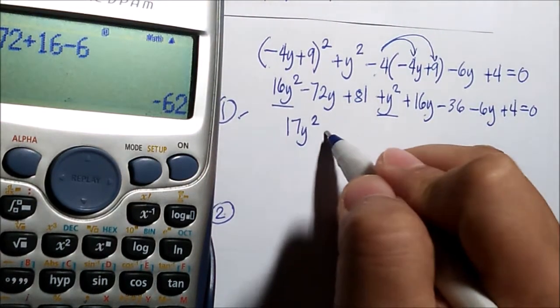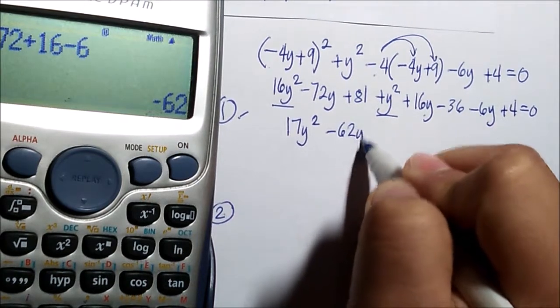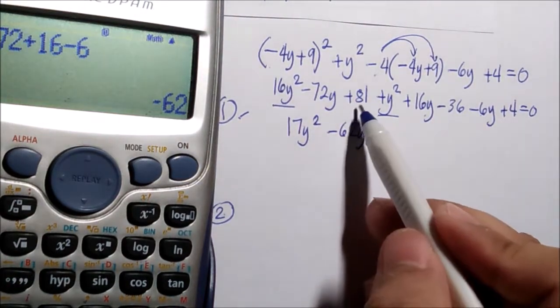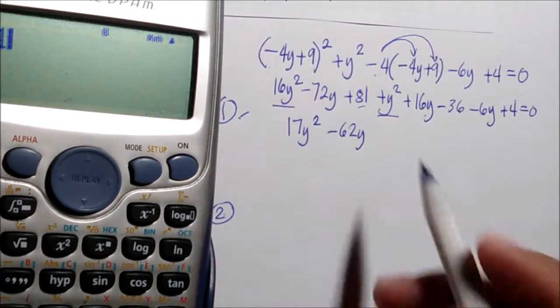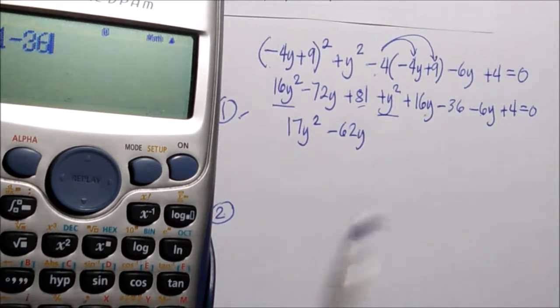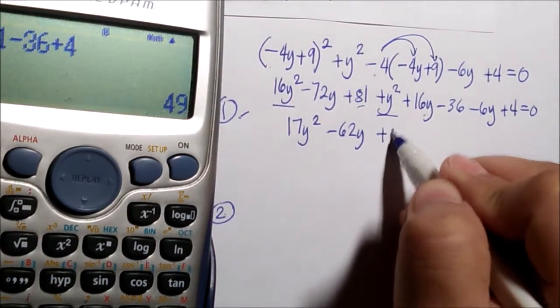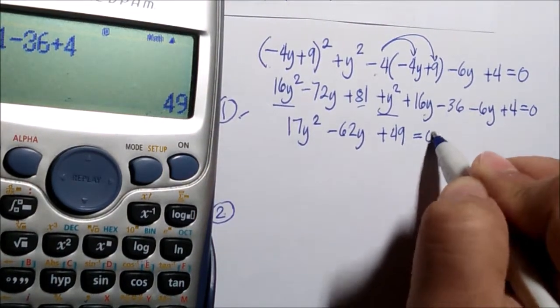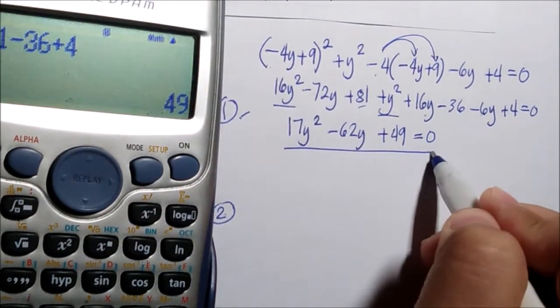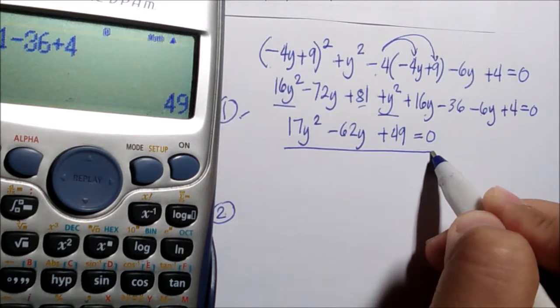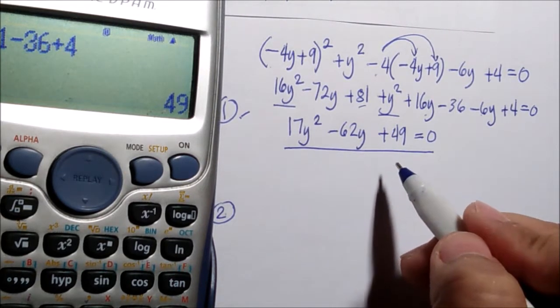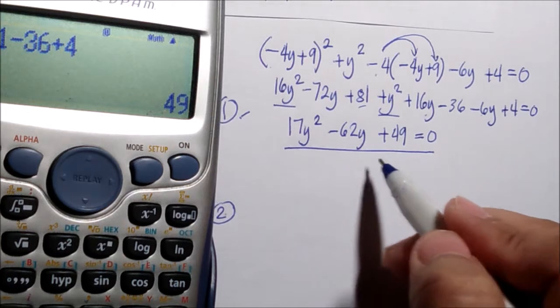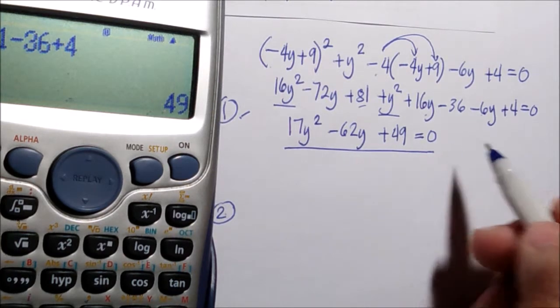We have negative 62y. Okay, the constant, we have 81, minus 36 and plus 4. We have plus 49. So now we have a quadratic equation: 17y squared minus 62y plus 49 equals 0.